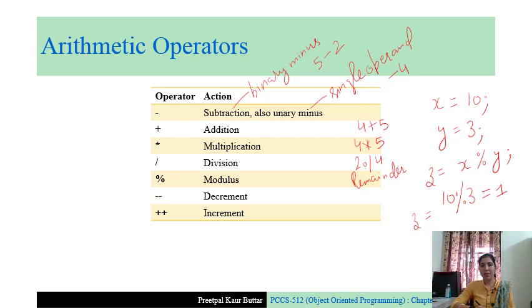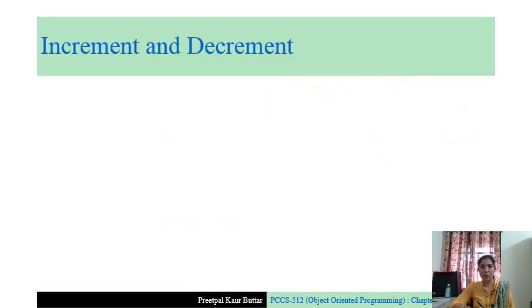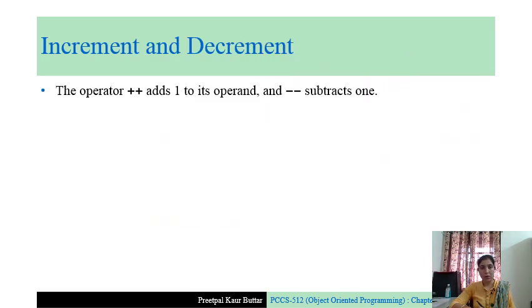Two other operators are the decrement operator and the increment operator. It should be plus plus. There is a mistake. This is plus plus. We will discuss these increment and decrement operators in detail in the next few slides. The operator plus plus, or the increment operator, adds 1 to its operand, and minus minus subtracts 1 from its operand.